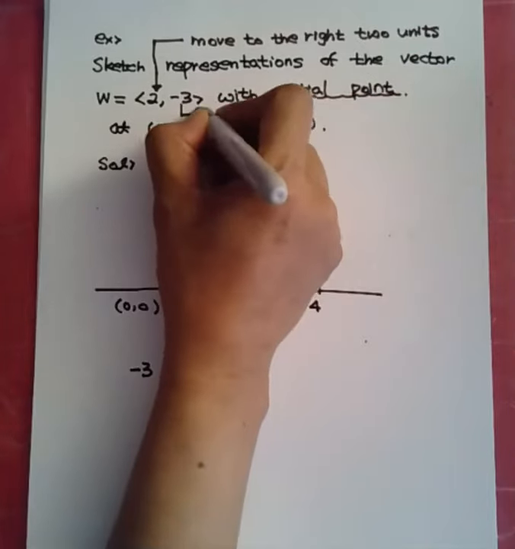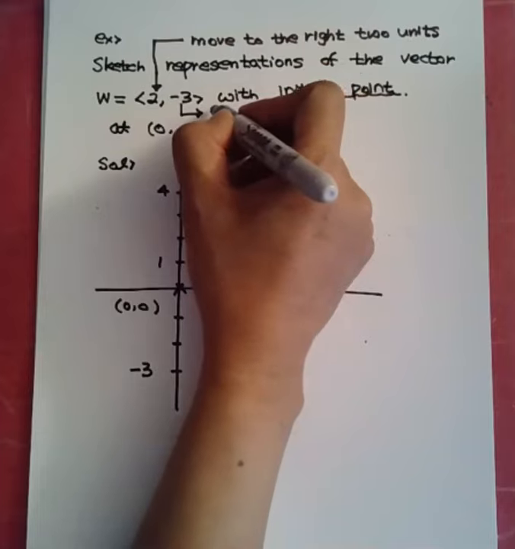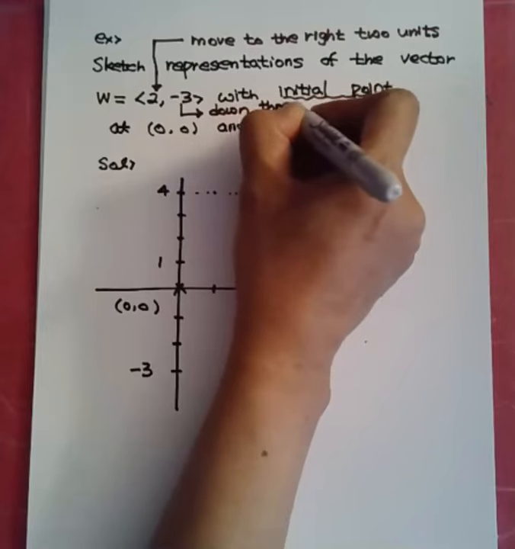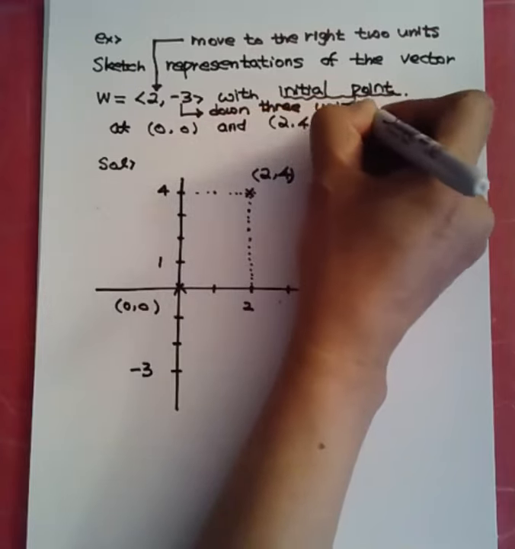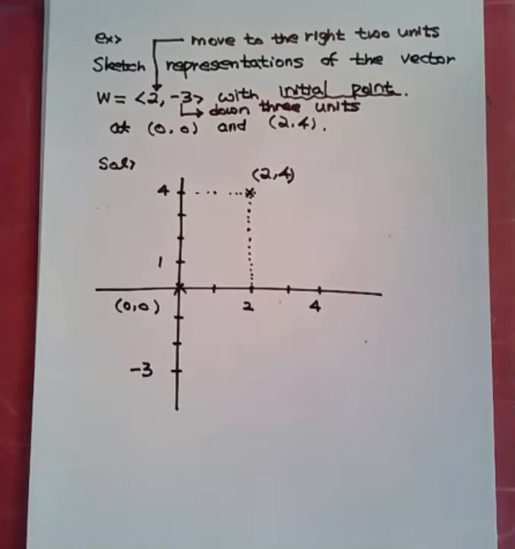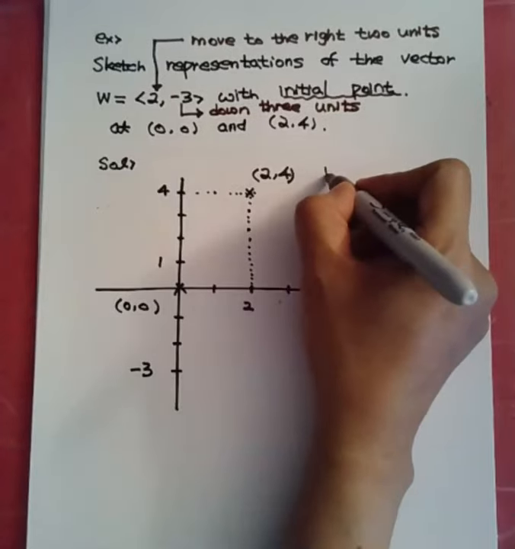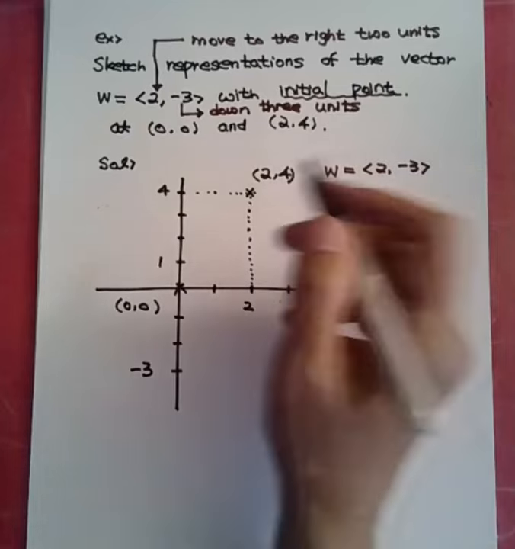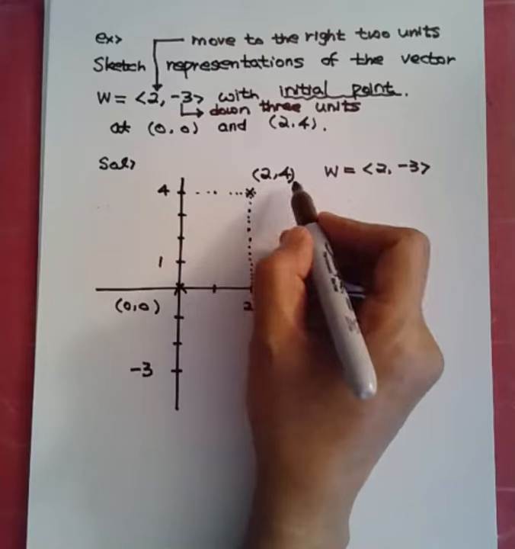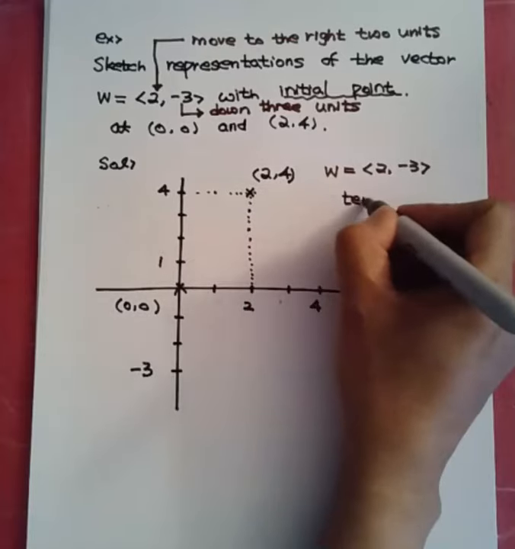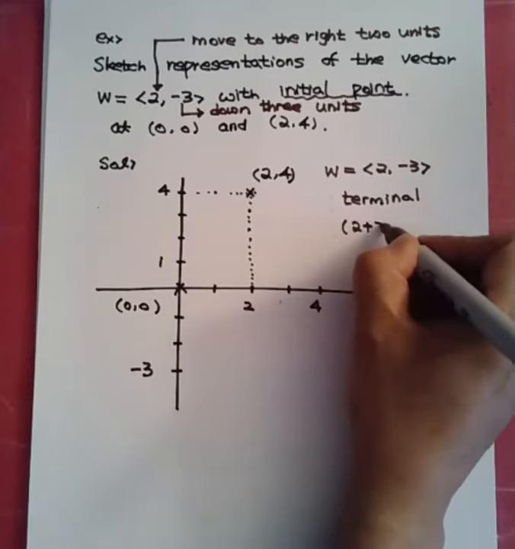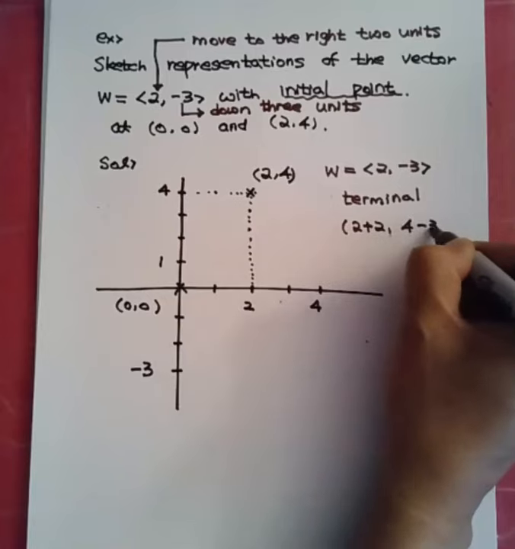and -3 means we go down 3 units from the initial point. So when w equals ⟨2, -3⟩, and the initial point is (2, 4), the terminal point will be (2 + 2, 4 - 3).